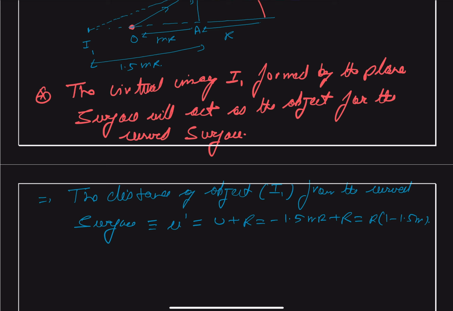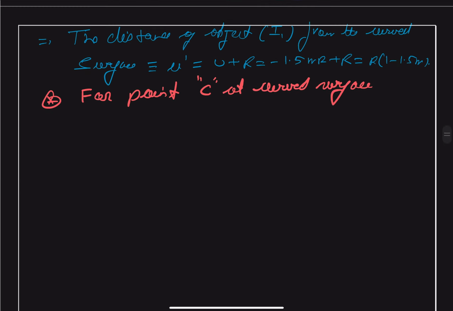And now we can use the refraction formula at the curved surface at point C. For point C at the curved surface, we can write that mu2 upon v prime minus mu1 upon u prime will be equal to mu2 minus mu1 upon r2.